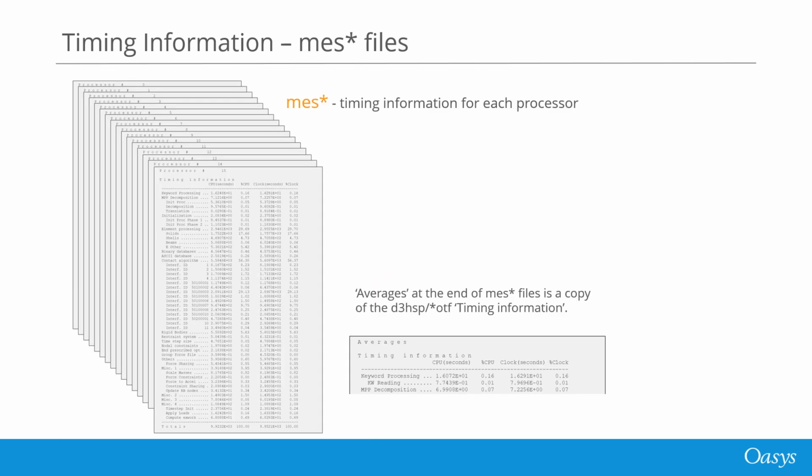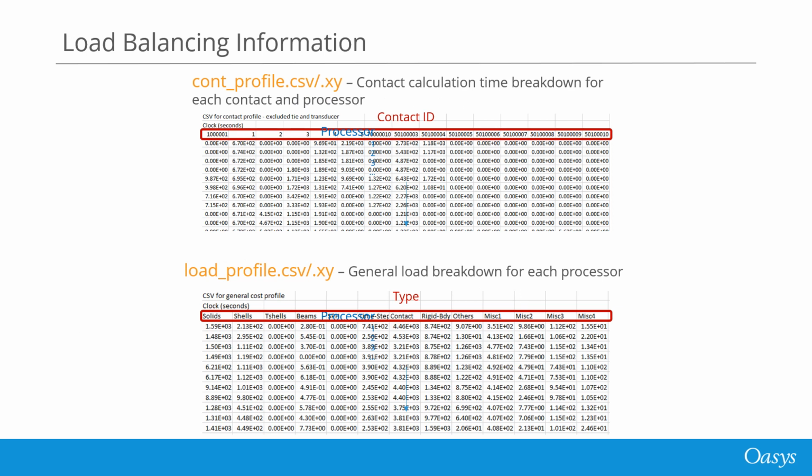Also, if your model runs on multiple cores, LS-DYNA gives out multiple message files with similar timing information. So it is going to be harder to make sense of all this information. If the analysis is done using MPP, message files, contact, and load profile CSV files are outputted by default.